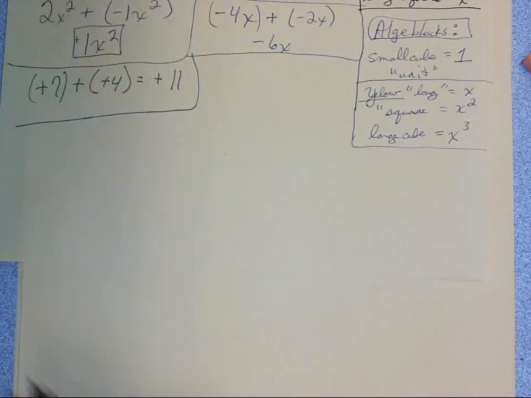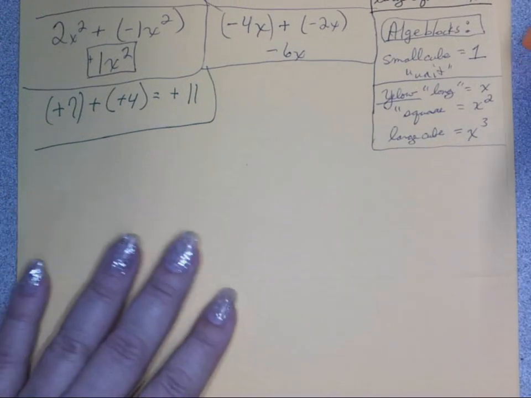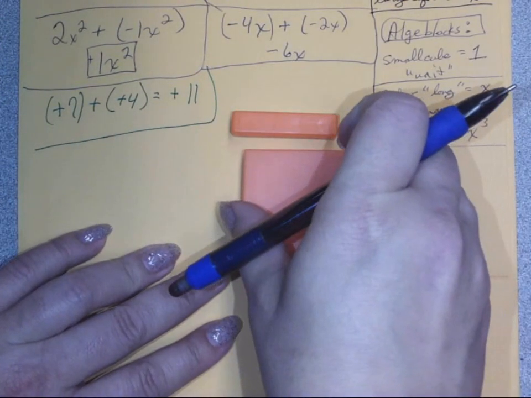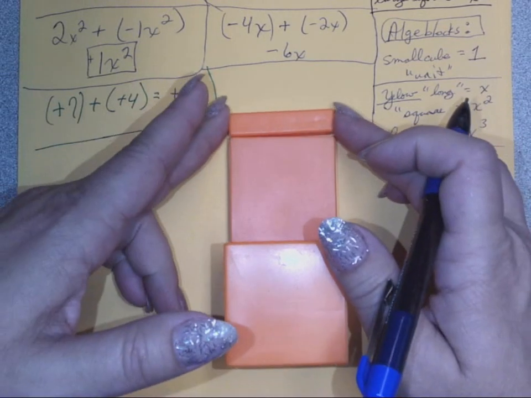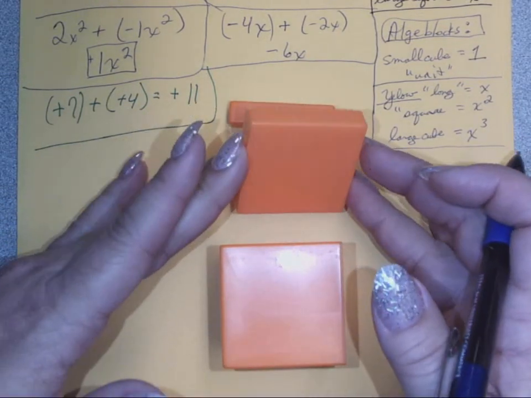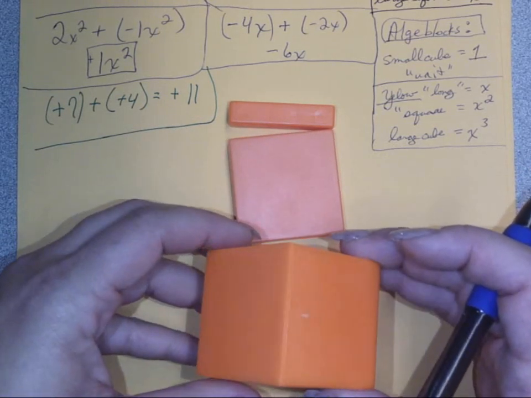Well, now that I have a three-dimensional type thing coming in, I think everything else kind of falls in place and makes sense. The truly dark orange ones here, again, I've got a long kind of thing, a flat kind of thing, and a cube.